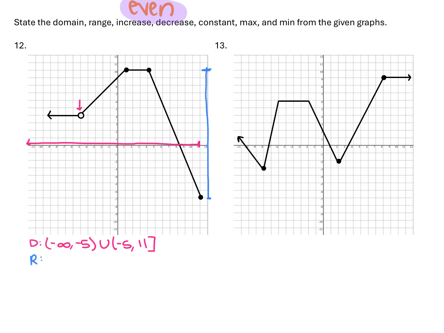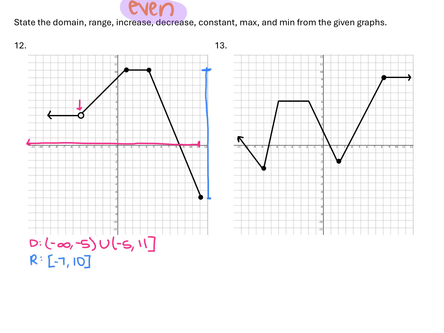So you don't have to worry about any kind of interval notation like you did for your domain. You're just going from negative 7 up to 10. And then brackets on both because you have closed circles and your line is solid.